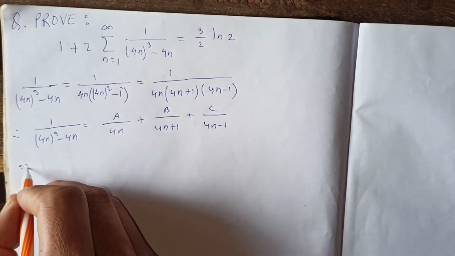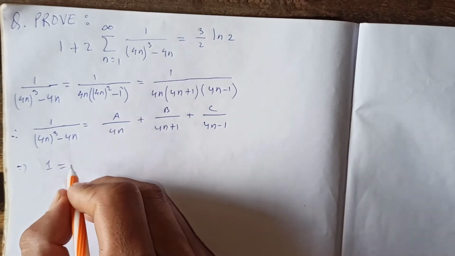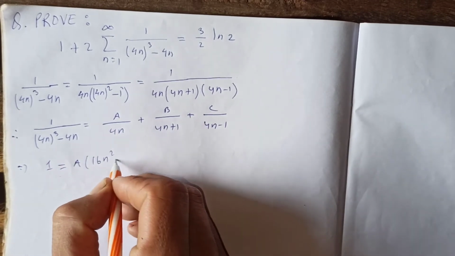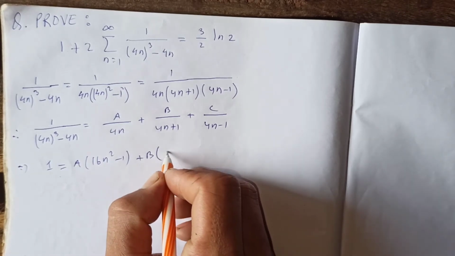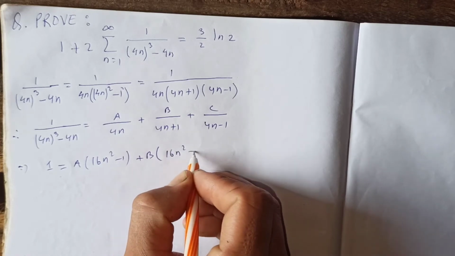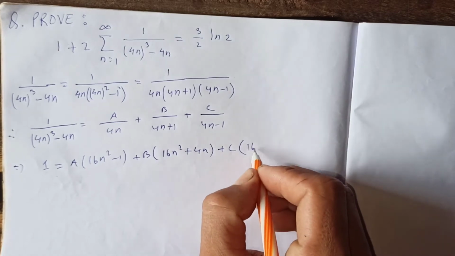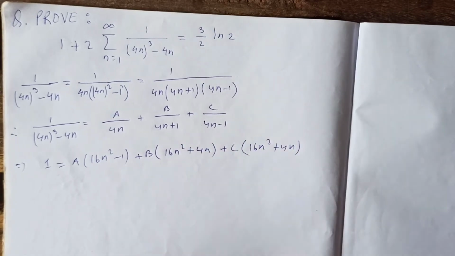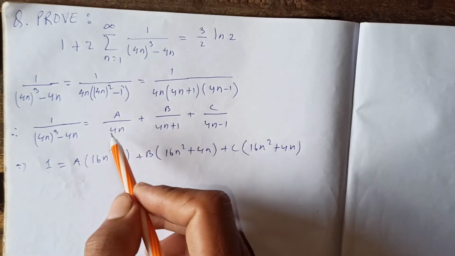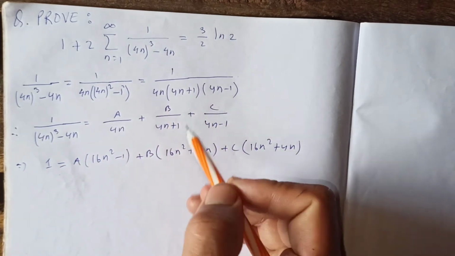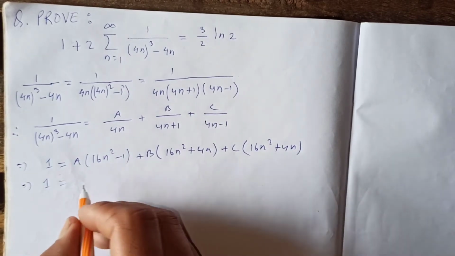So let us cross multiply. So 1 equals a(16n squared minus 1) plus b(16n squared plus 4n) plus c(16n squared minus 4n), because this one transfers here, and we can cancel these and multiply the rest. Now let us separate a, b, c.